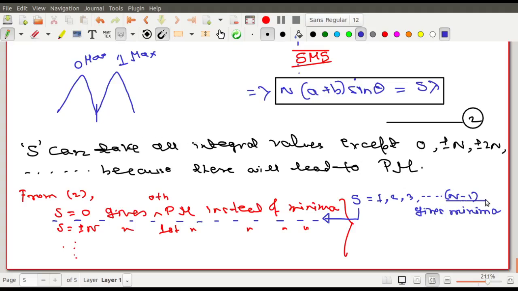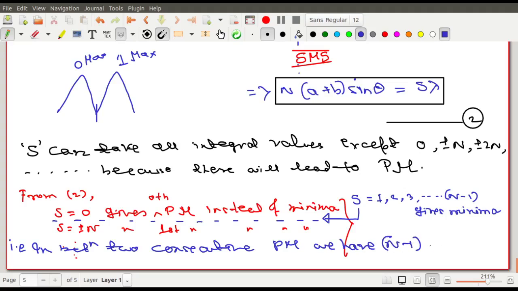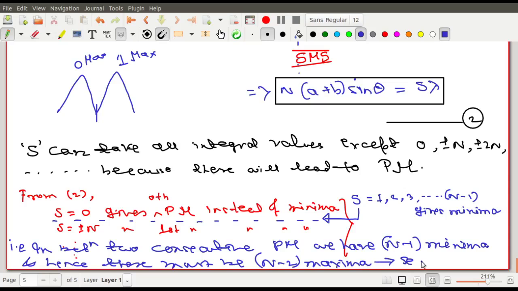But to your surprise, you see that there are n minus 1 minima in between two principal maxima. So what does it signify? This signifies something else. That is, in between two consecutive principal maxima, we have n minus 1 minima, and hence there must be n minus 2 maxima, and these are known as the secondary maxima.